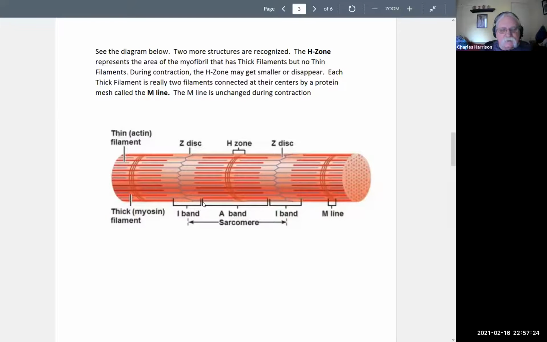I band, A band. A band has what kind of filaments? Thick, thin, or both? If I were to section a piece of this off, would I get both or only one of thick or thin filaments?